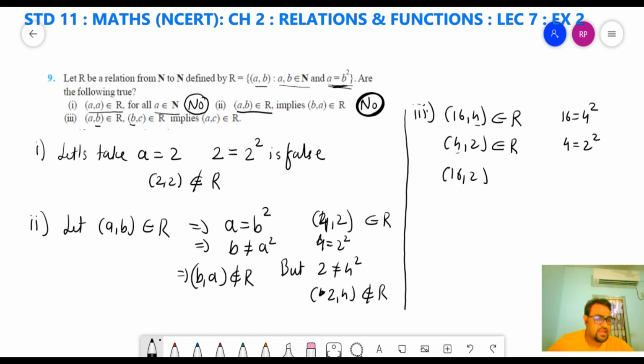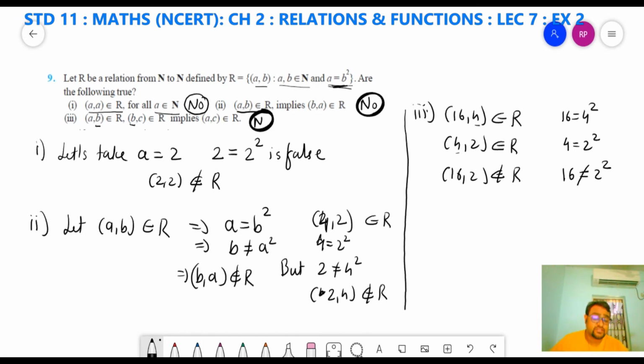Can I write it down that 16 is equal to 2 square? No, 16 is not equal to 2 square. That means this does not belong to R. So what does this mean? This means that it is also not satisfying third. So here also I will say no.